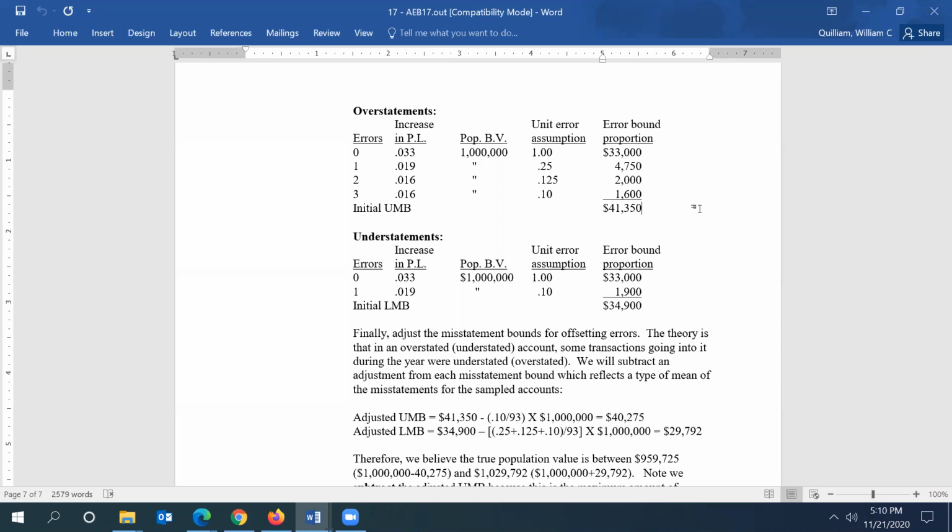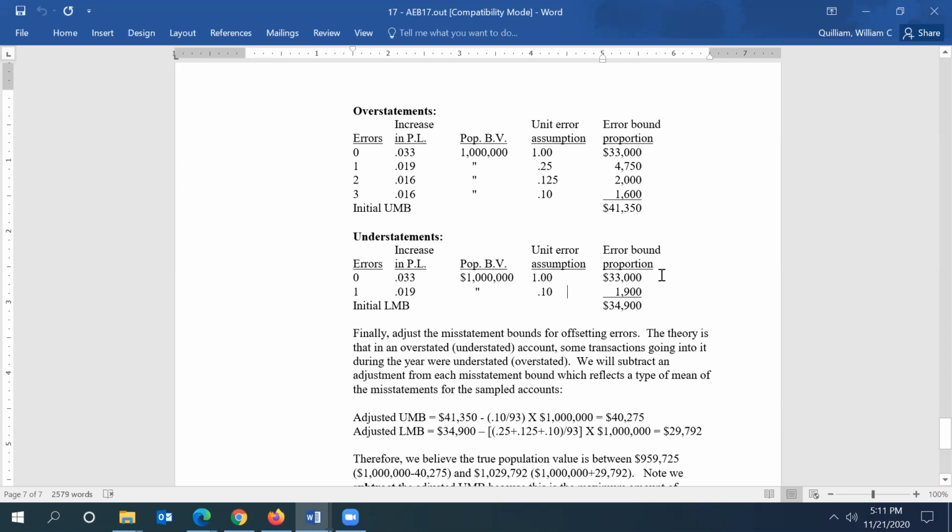Do the same thing with understatements. We add 1. So errors, 0, 1. Increase in precision limit, take the first 2, 0.033, 0.019. Again, multiply by the population book value. Now by the unit error assumption, starting off at 100%, then we had one understated account. It was understated by 10%.